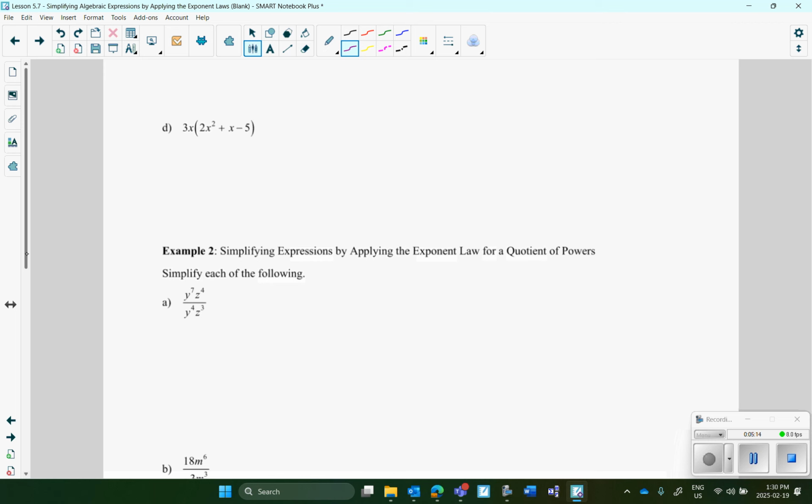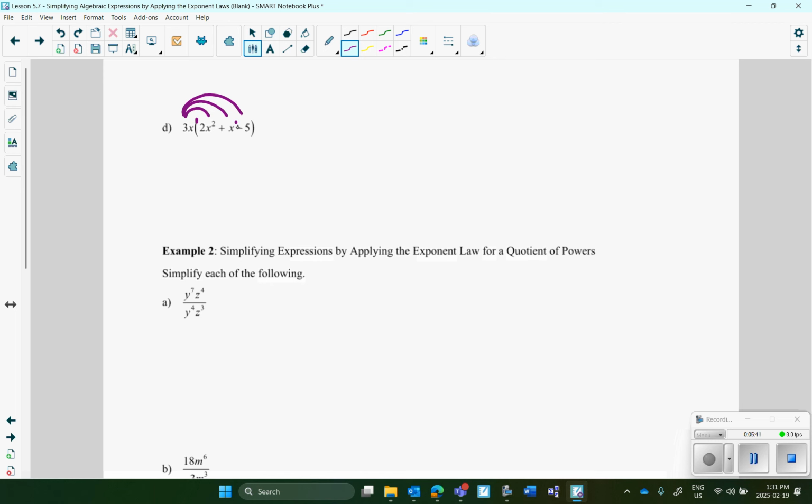Now this one is a little interesting. How many multiplications do you have to do here? Aren't I taking this and multiplying by everything inside? So don't I have to do 3 multiplications? Remember, what exponent goes with the x? We just don't write it, 1.